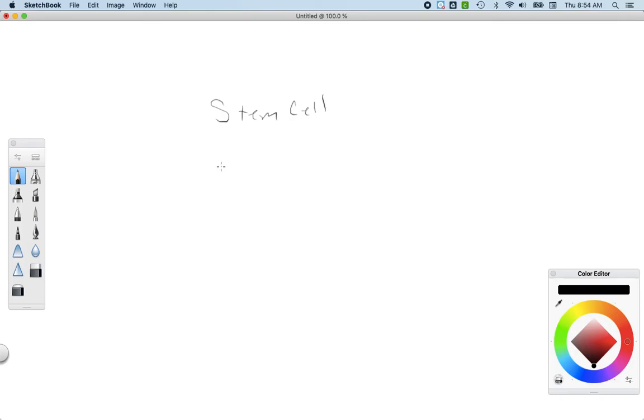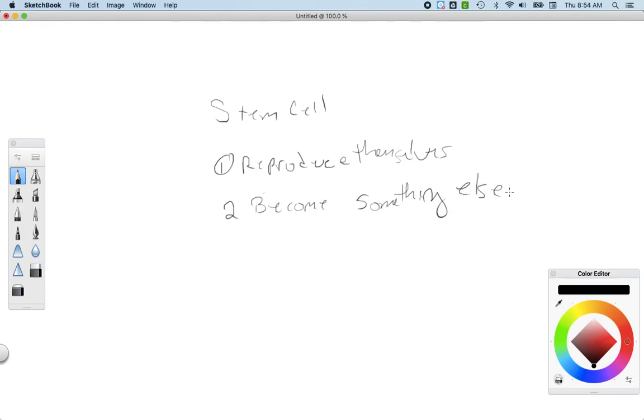Stem cells have the ability to, 1, reproduce themselves, so we never run out of stem cells, and 2, they have the ability to become something else.